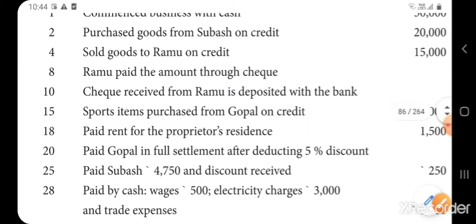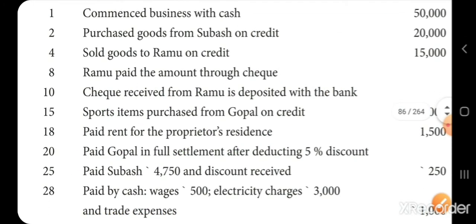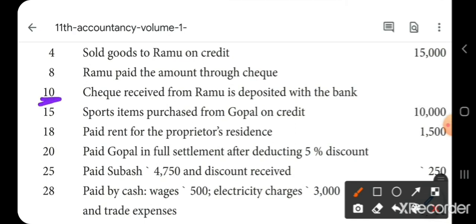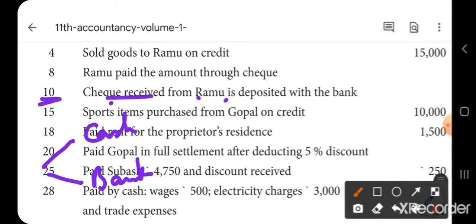Now see the next transaction. 10th, check received from Ramu deposited with bank. So what are the two accounts involved? Cash and bank. I told you check received is treated as cash. Now check received is deposited into bank.